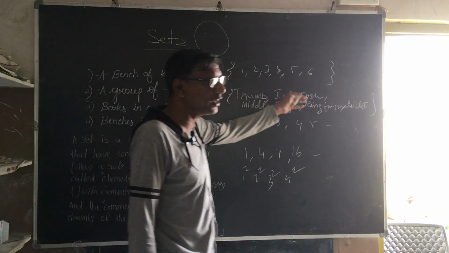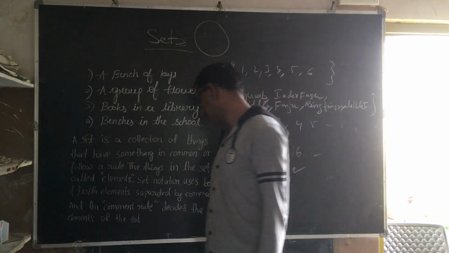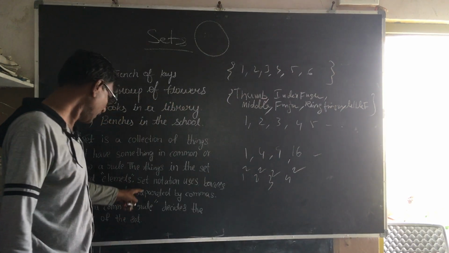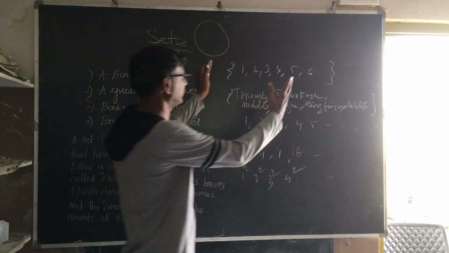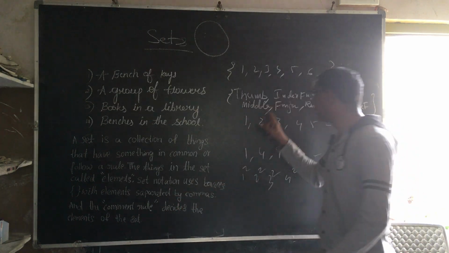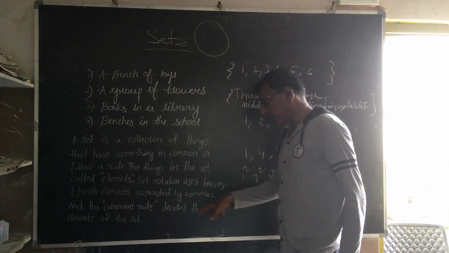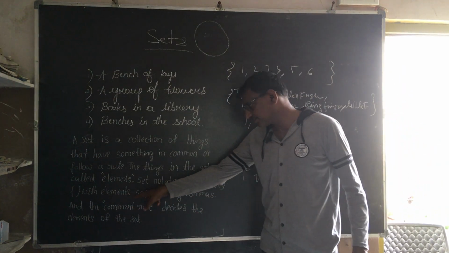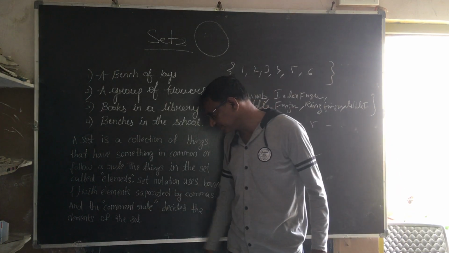Now these are all my elements. All things in my set are elements. The set notation uses braces like this and separated by commas like this. Very, very important: the elements are separated by commas.